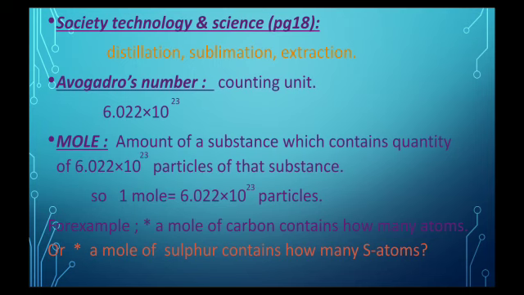Like if we have 1 mole of, say, carbon atoms, then it is obvious that there will be 6.022 into 10 raised to power 23 atoms of carbon in that amount.